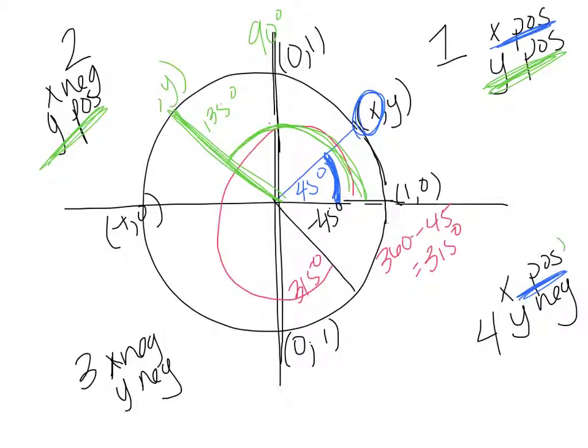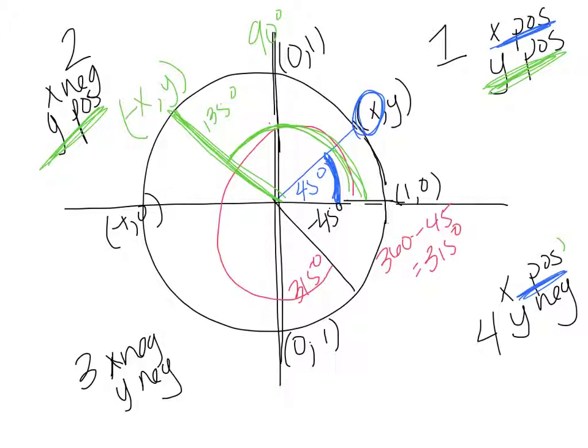Would it have the same x value as my 45-degree angle? No. How would you compare the x value there? It would have a negative x.